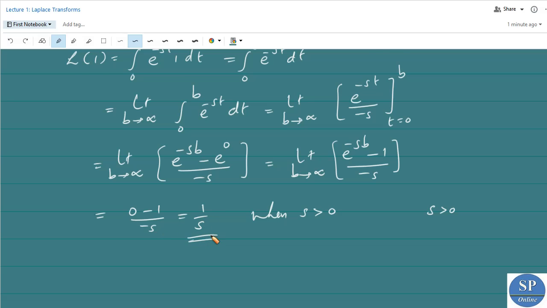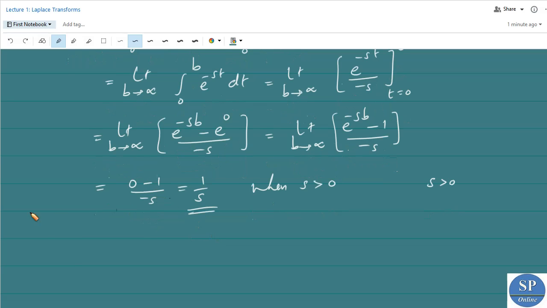Okay, and if s is less than 0, then we have e power minus sb is nothing but e power a positive number. Minus sb will be, if s is negative, less than 0, then minus sb is a positive number. So as b tends to infinity, this will be e power infinity, which is infinity.